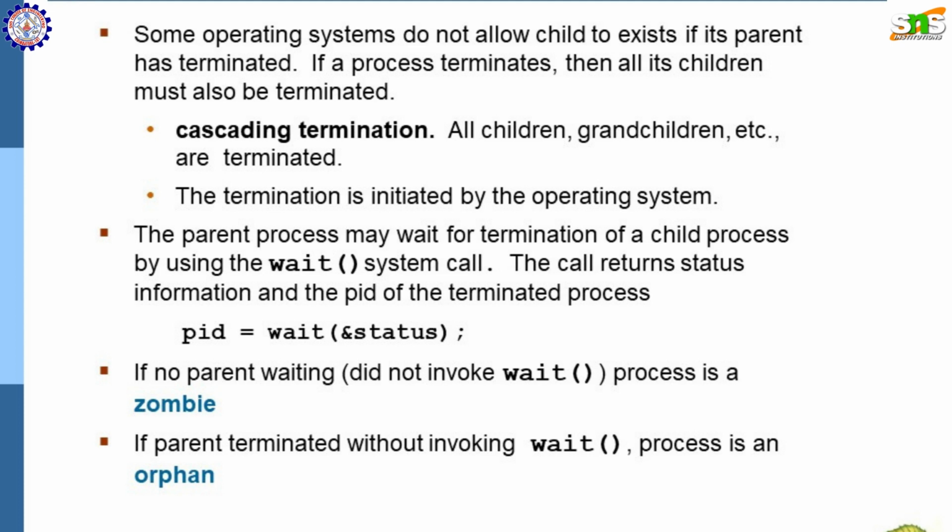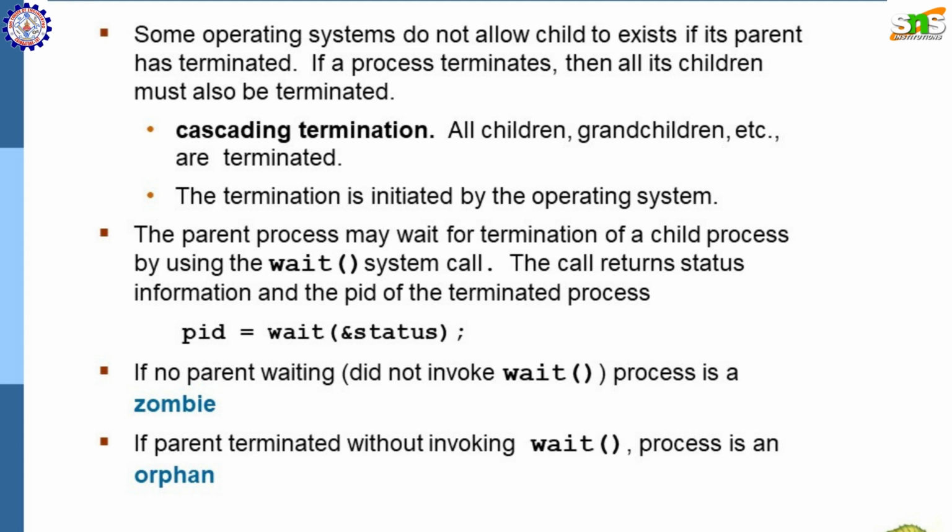The parent process may wait for termination of a child process by using the wait system call. The call returns status information and the process identifier of the terminated process. This is the syntax: PID equals wait(status).